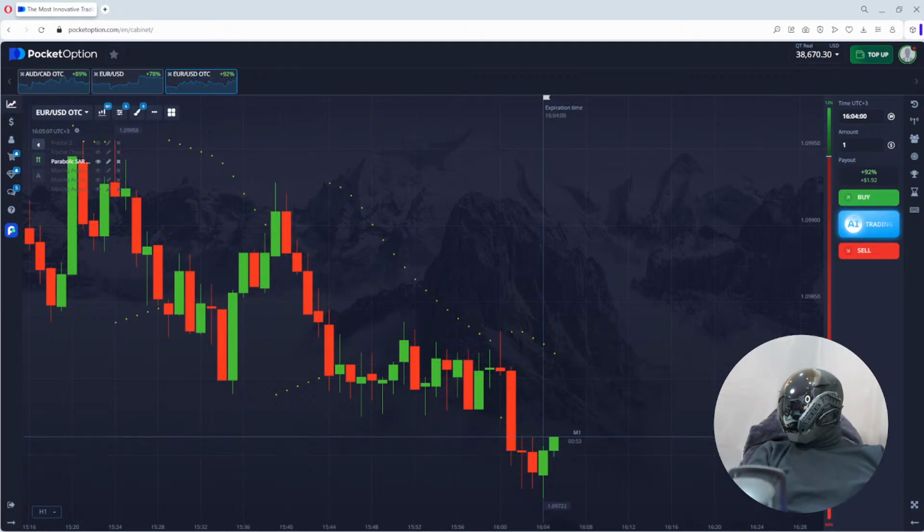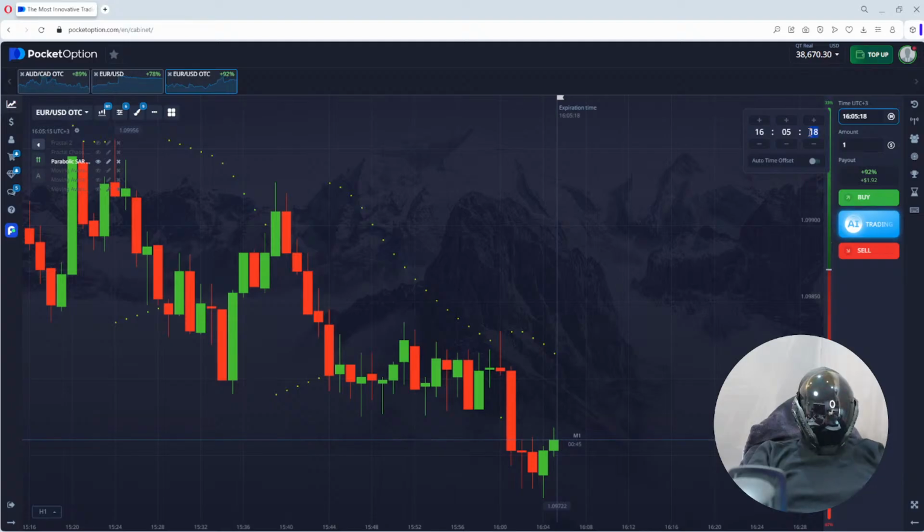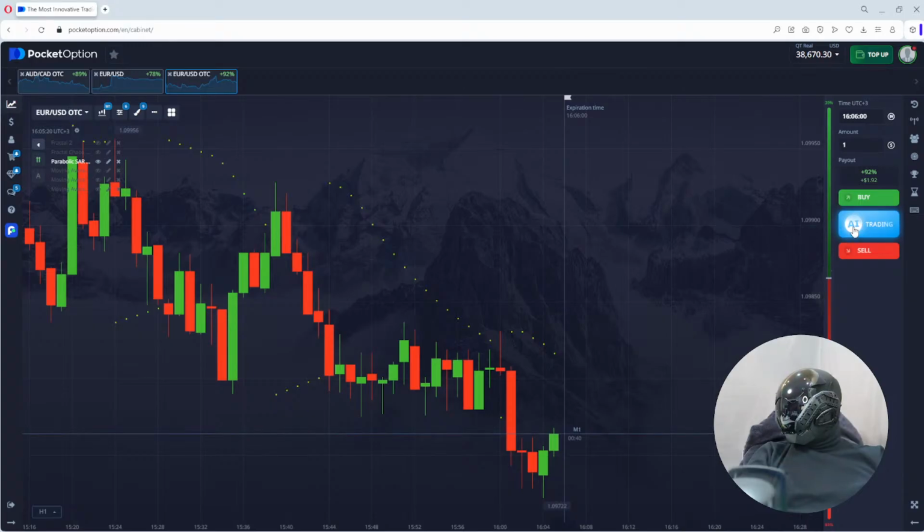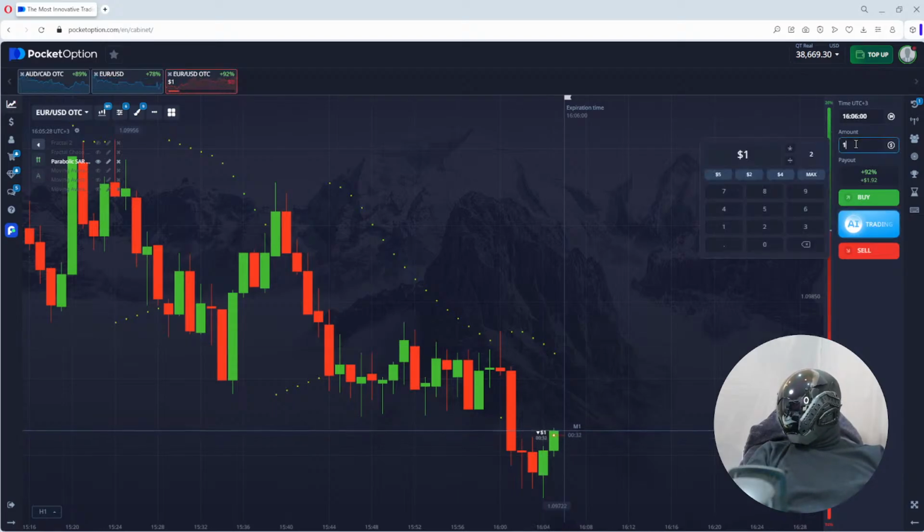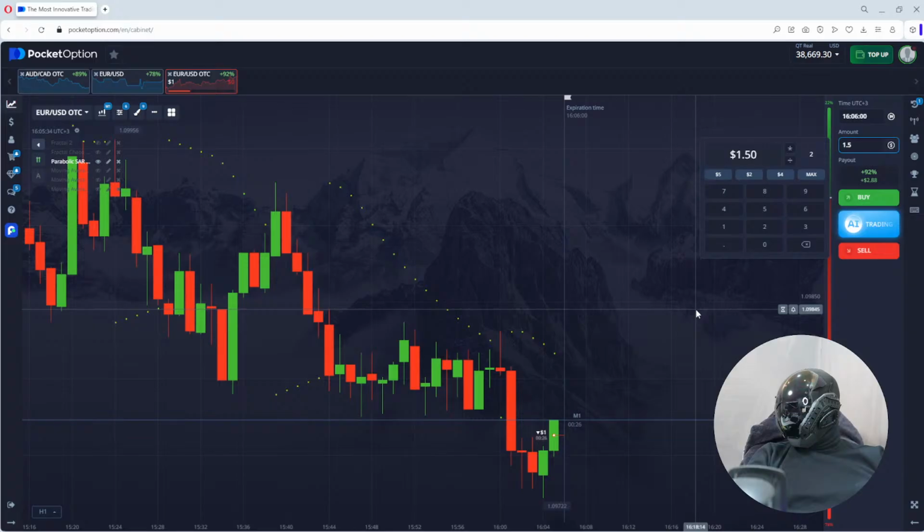All right, so if we have a $100 balance, the position that we will take as the first step is $1. Here we're essentially selling, trusting the signal from parabolic that there's going to be a sell. Because this is not always guaranteed, we're going to go to 1.5 as the next step.